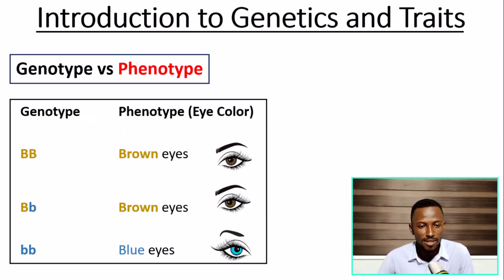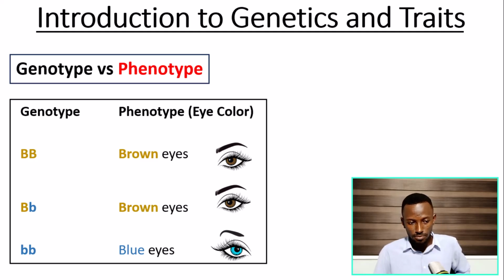What does that mean? Let's look at this table and see. If the child is homozygous dominant for eye color, so a brown eye allele from mom and dad, the phenotype, the physical expression, will be that the child is born with brown eyes. But let's assume one parent gave a brown allele, which is dominant, and the other gave a blue allele, which is recessive.